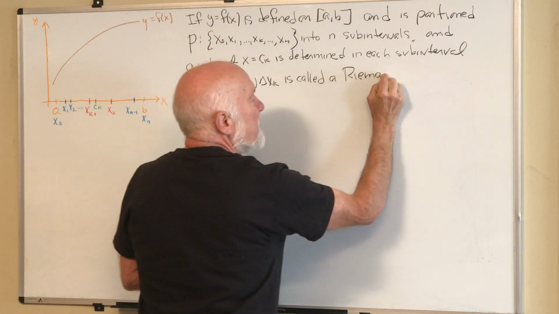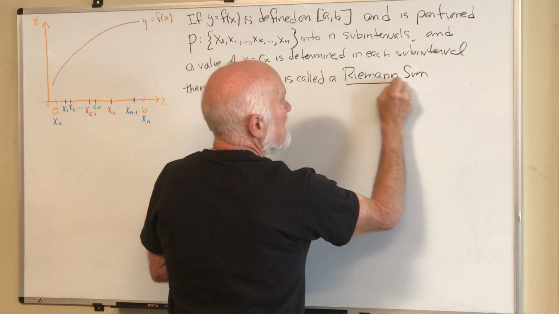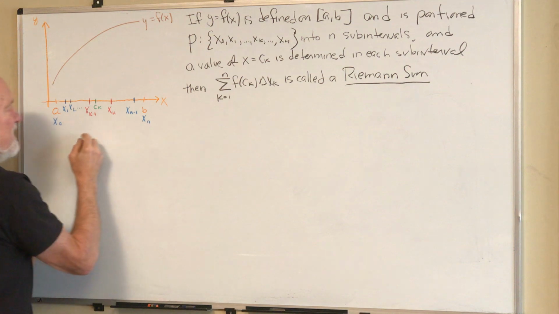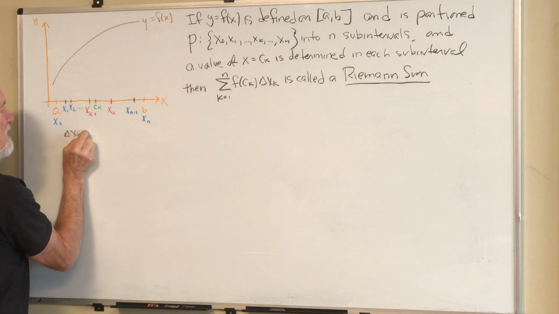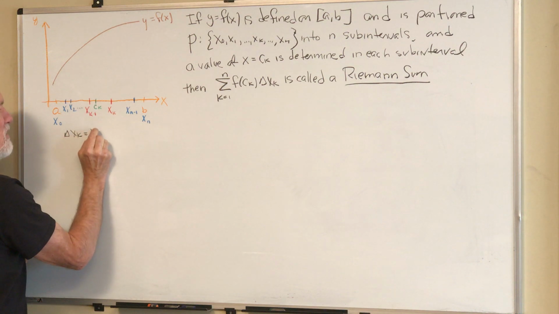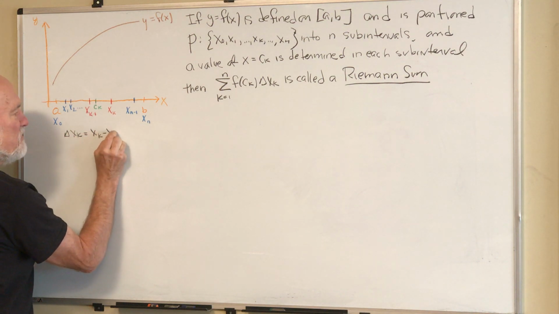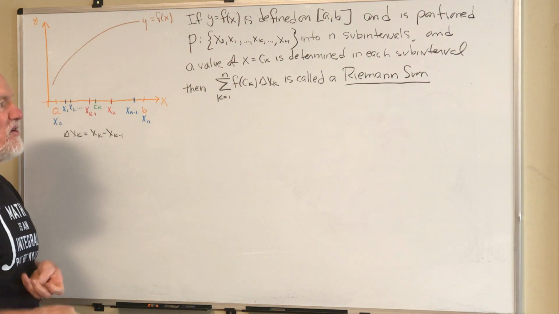So that's what we're defining, what a Riemann sum is. I probably should say what delta x sub k is. Delta x sub k would be what you get when you subtract x sub k minus x sub k minus 1. It's basically the width of that subinterval.